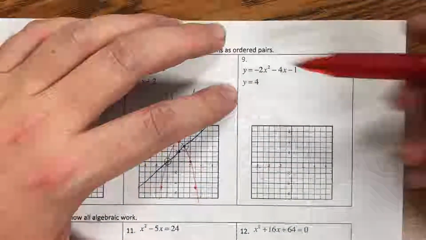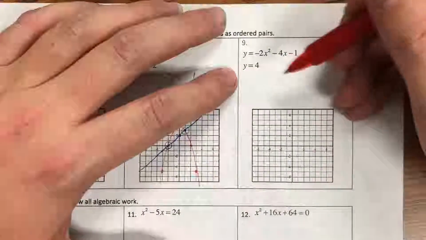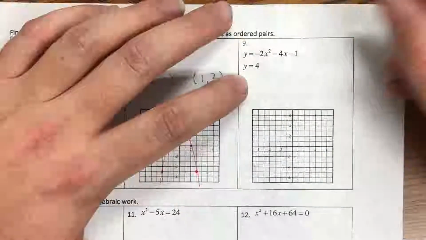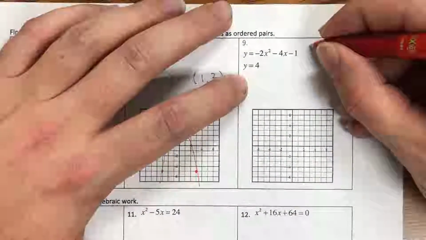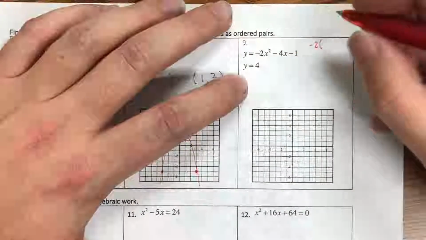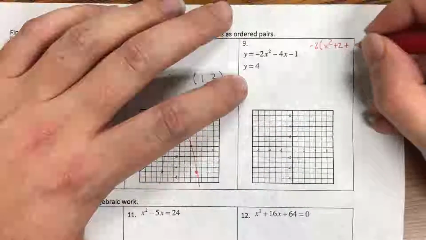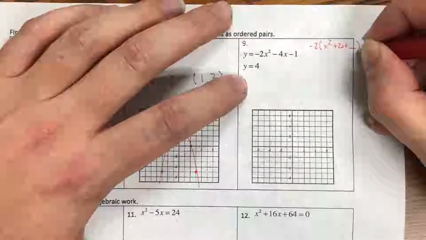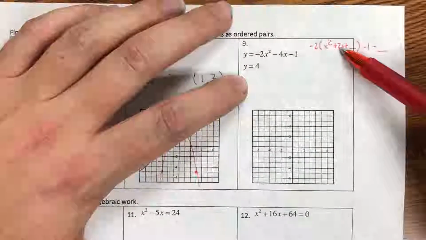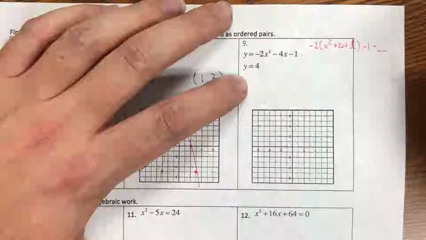For number 9, I need to get this into a form that I can easily graph from, so I'm going to put it into vertex form. So I pull that negative 2 out of the first and second terms. Half of 2 is 1, 1 squared gives me 1 there.